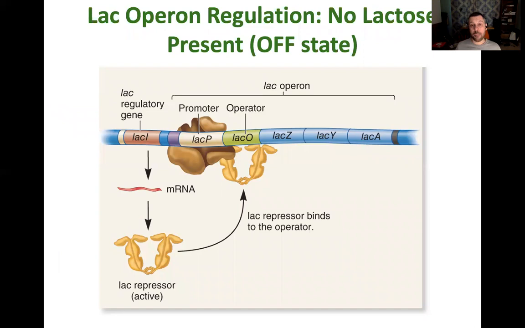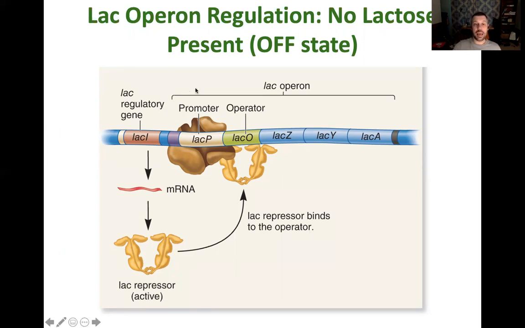So how is this important operon regulated? What you're looking at now is a slightly different schematic of exactly the same thing, right? This time we've made the DNA control regions, the regulatory regions, bigger so we can draw the proteins as they bind to them.